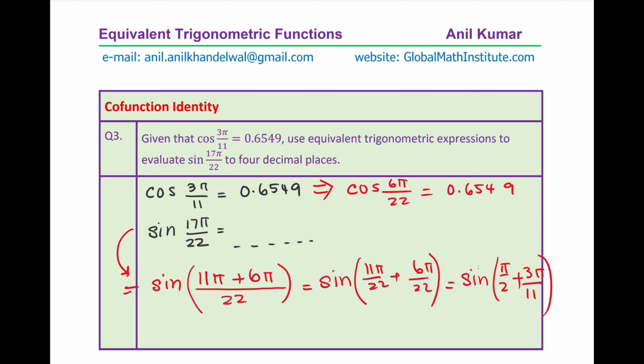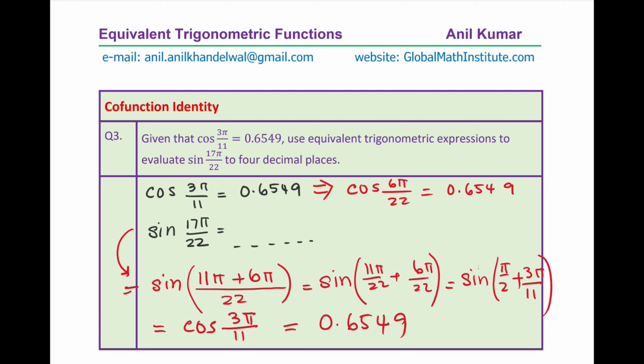So that is equal to cos of 3 pi by 11, and so it is the same as 0.6549. You get the idea. See how I wrote 17 pi as 11 pi plus 6 pi, 11 being half of 22. So we got 11 pi by 22, which is pi by 2.